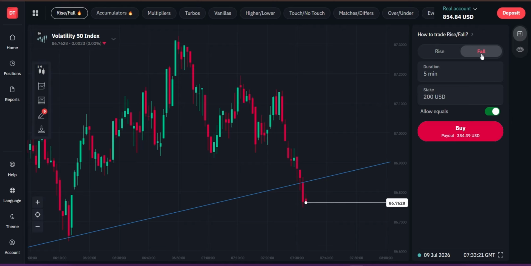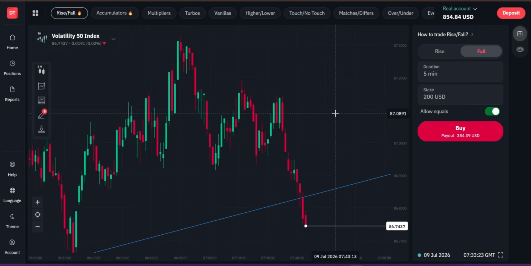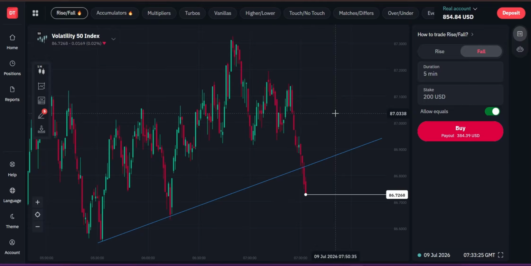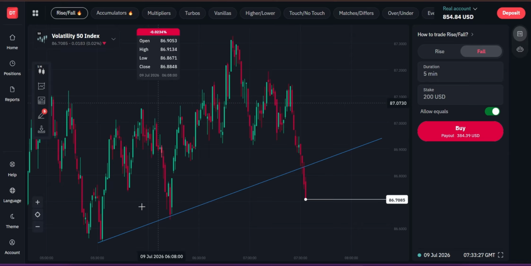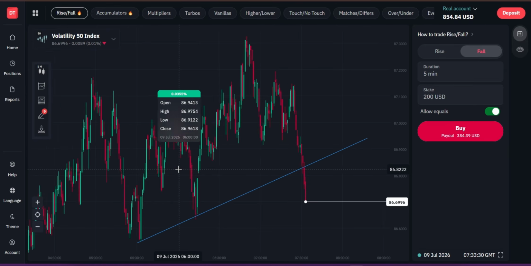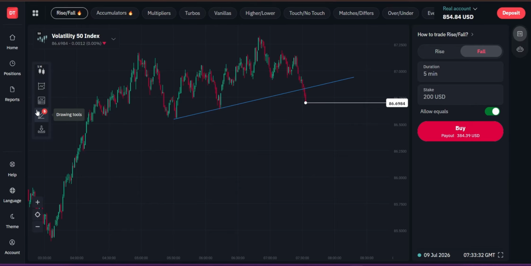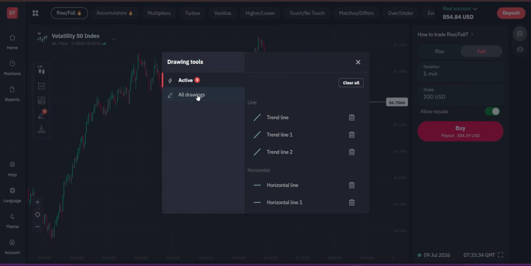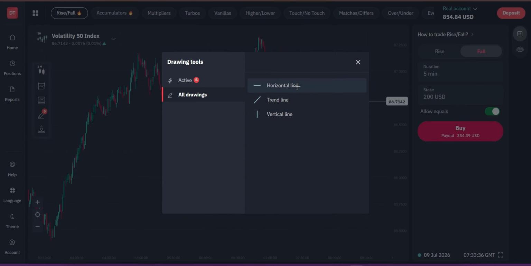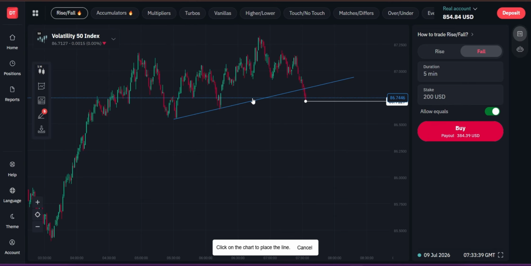So I can go with fall, I think. And let me mark the other zone, and I think market will drop this zone as well.